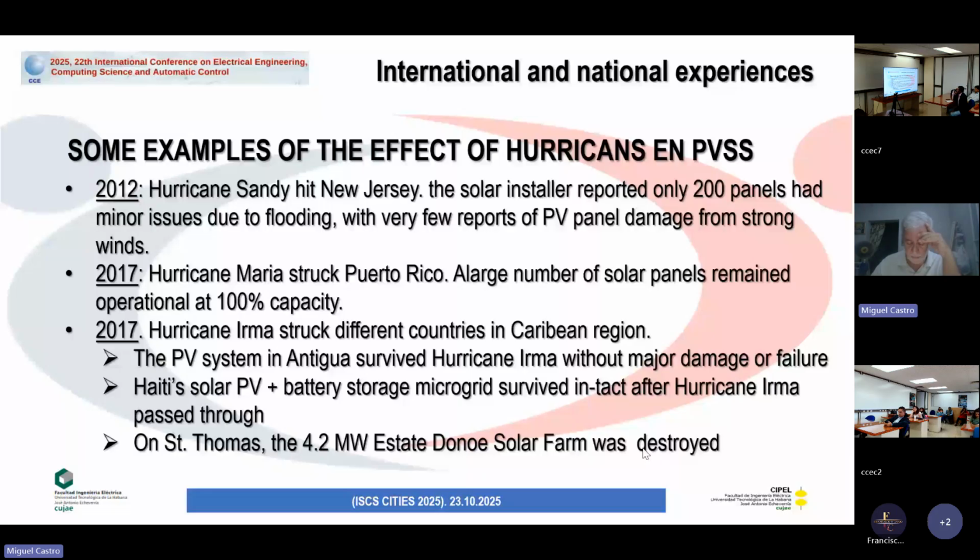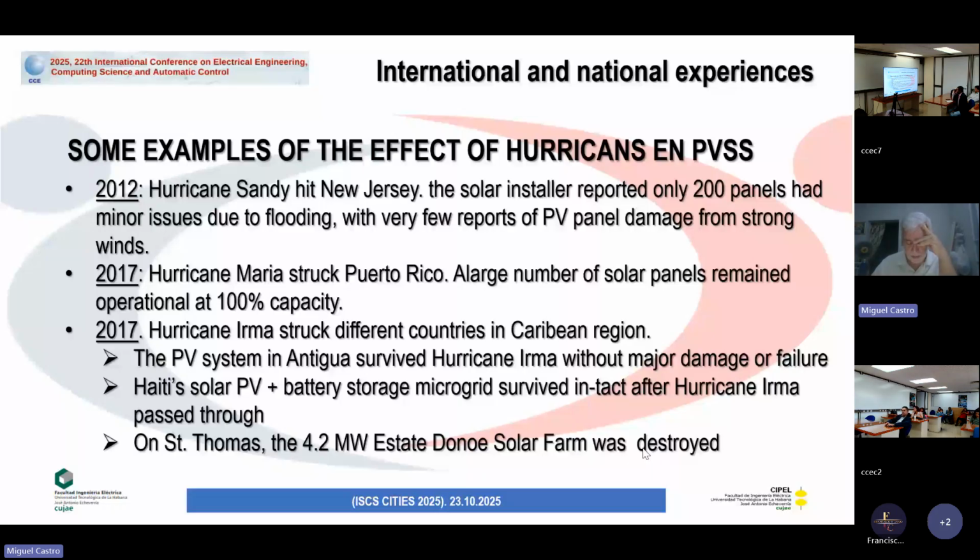In 2017, Hurricane Irma struck different countries in the Caribbean region. For example, the PV system in Antigua survived Hurricane Irma without major damage or failure. The Haiti solar PV plus battery storage microgrid survived in fact after Hurricane Irma passed through, but however, in St.